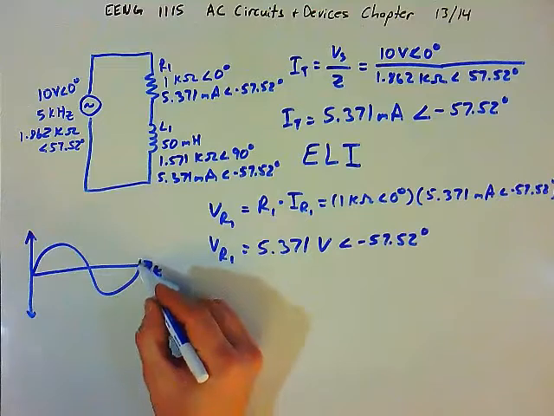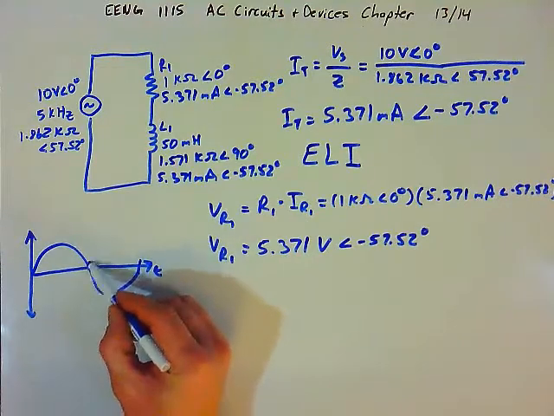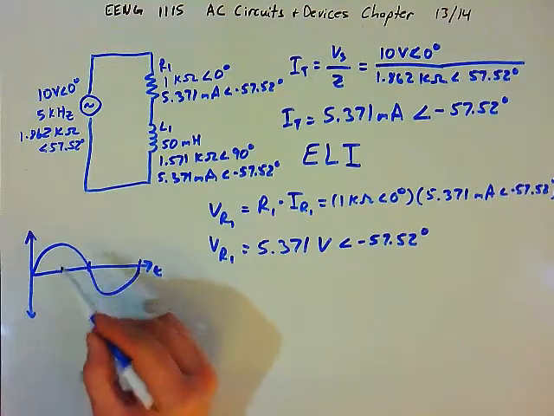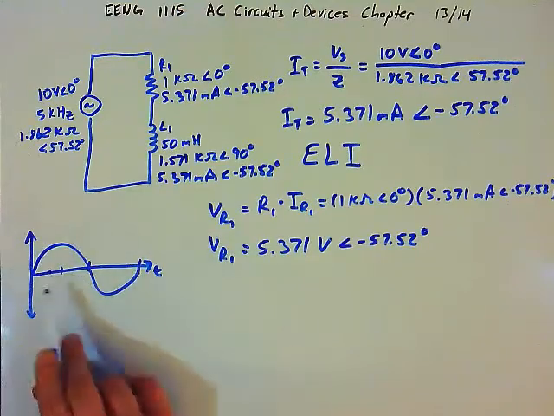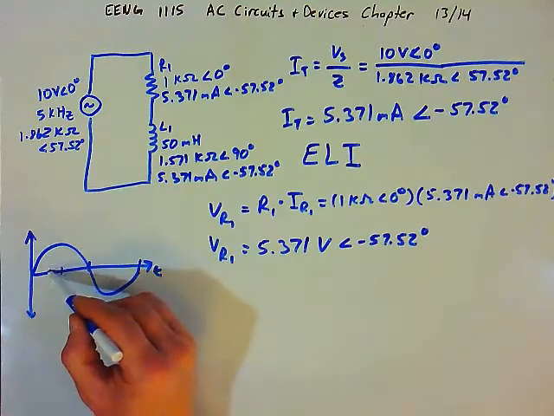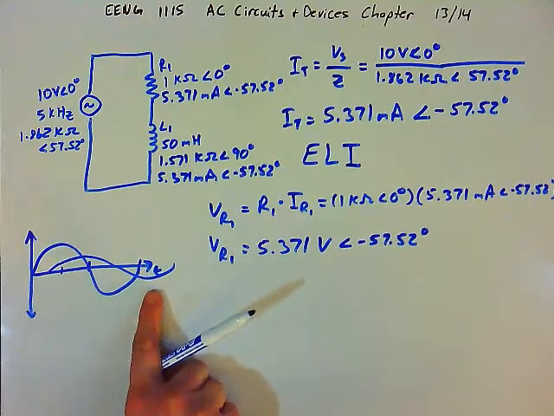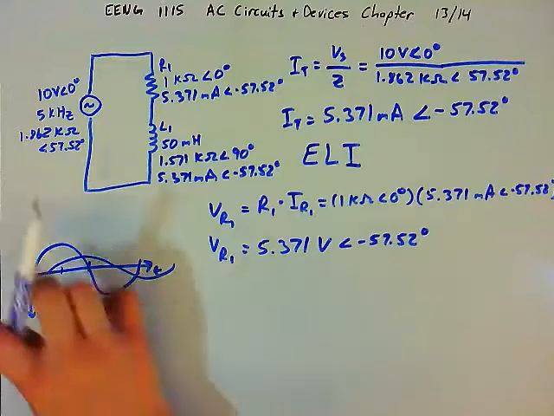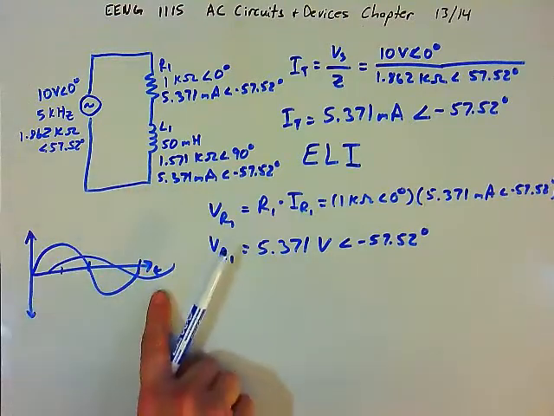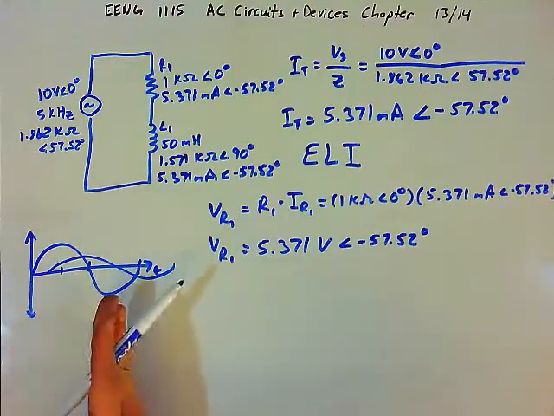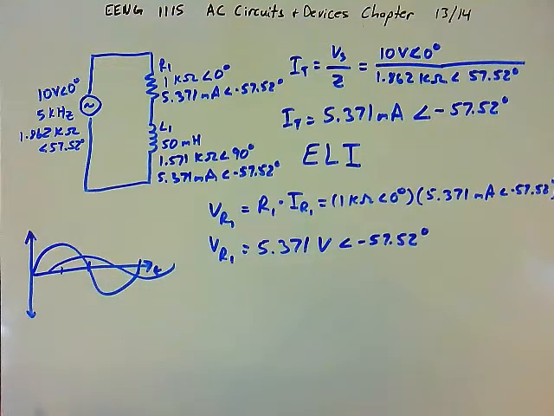And so remember, this is 360 total degrees, this is 180, 90 is right here somewhere, 57.52 is about right here somewhere. And so what we're going to see is the voltage drop on the resistor is going to be out of phase with the source voltage. The voltage drop on the resistor is out of phase by 57.52 degrees. It's out of phase by that amount with the source voltage.